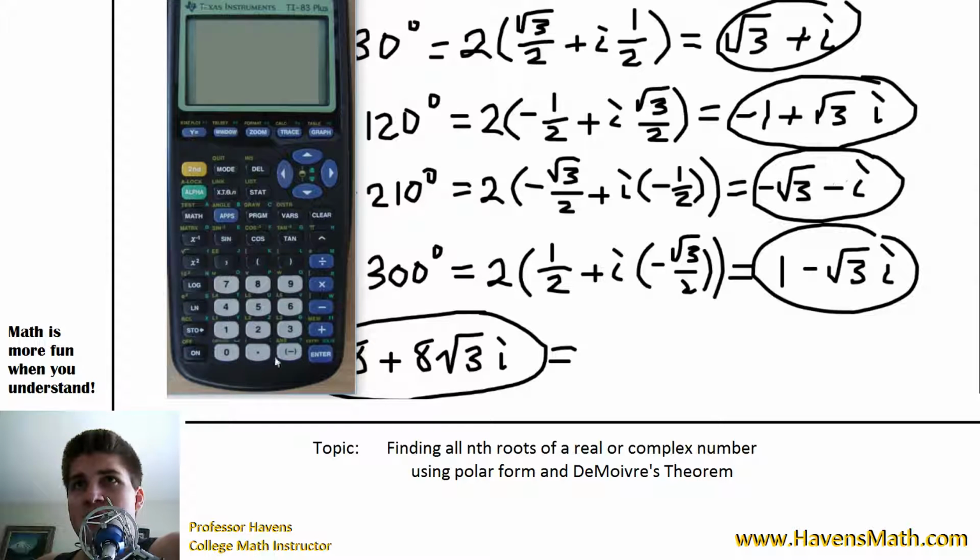Our original number is negative 8 plus 8 rad 3i. I'm just going to rewrite this as a decimal so that we can check it out, make sure it's the right thing. So that's about negative 8 plus 13.856i. So essentially, if we take all four of these numbers and raise them to the fourth power, that should give us our original number.